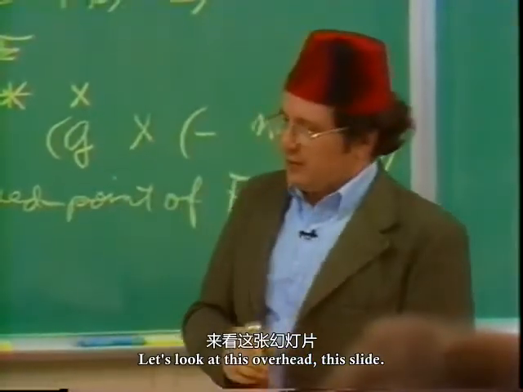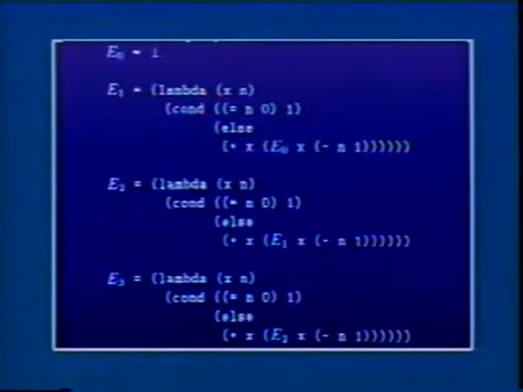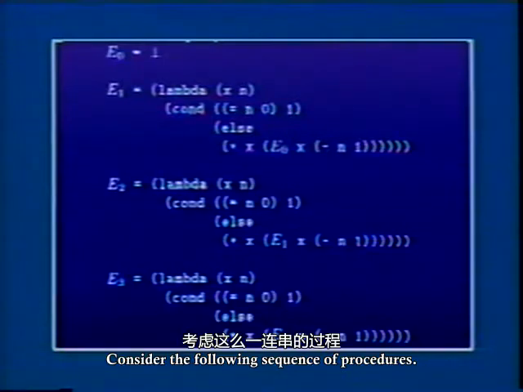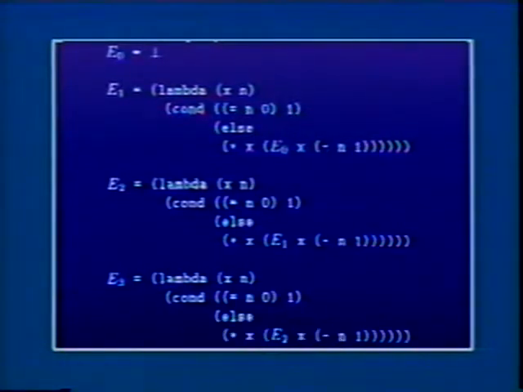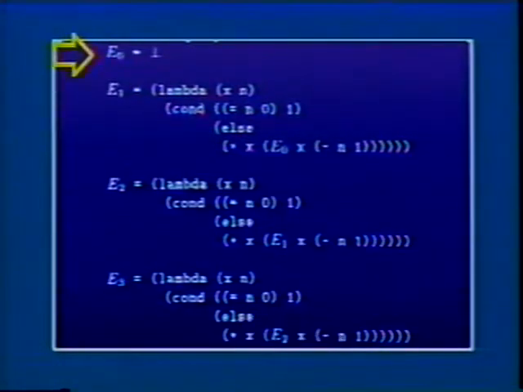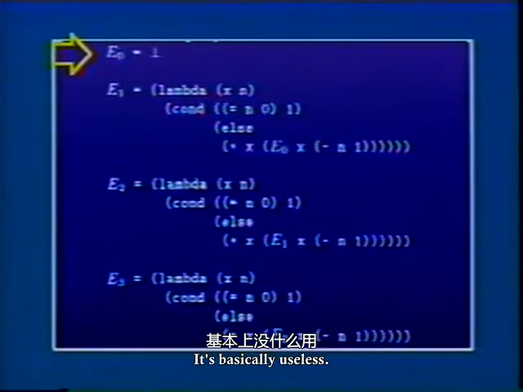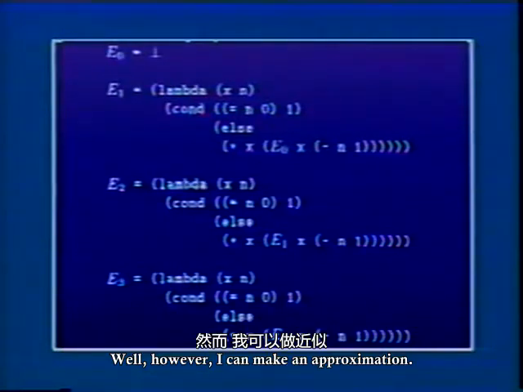Let's look at this overhead, or this slide. Consider the following sequence of procedures. E0 over here is the procedure which does nothing at all. It's the procedure which produces an error for any arguments you give it. It's basically useless. However, I can make an approximation.